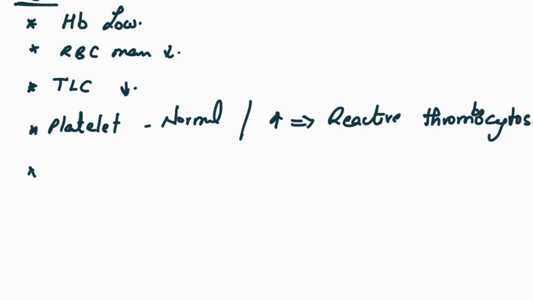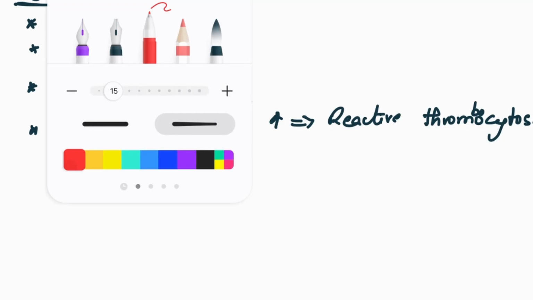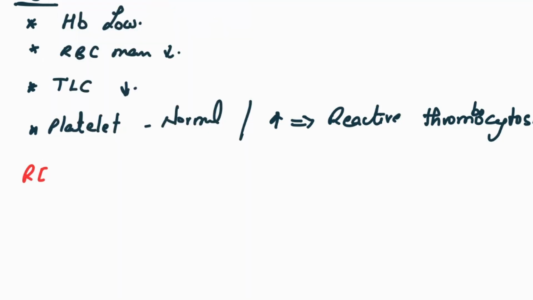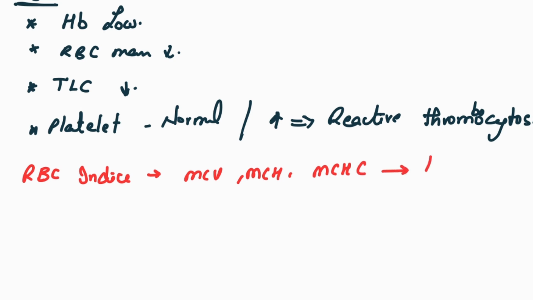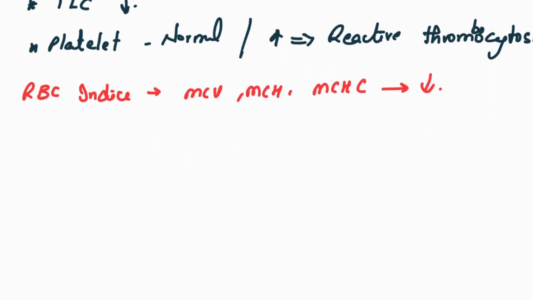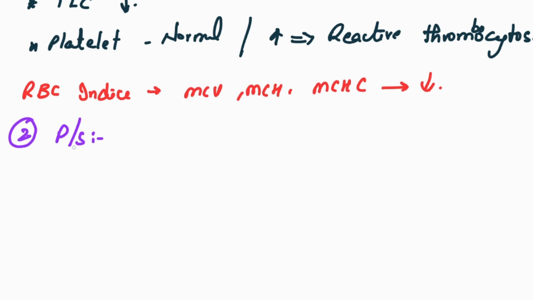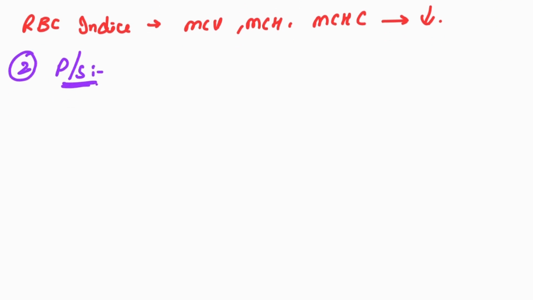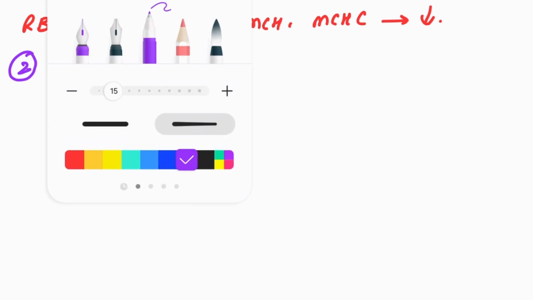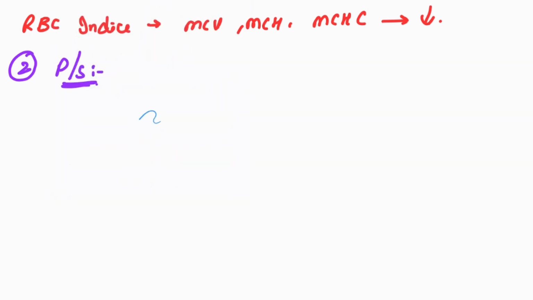Next, indices. All the indices will decrease. RBC indices like MCV, MCH, MCHC, all will get decreased. Next one is peripheral smear. In peripheral smear, you will observe some peculiar cells like microcytic hypochromic RBCs.